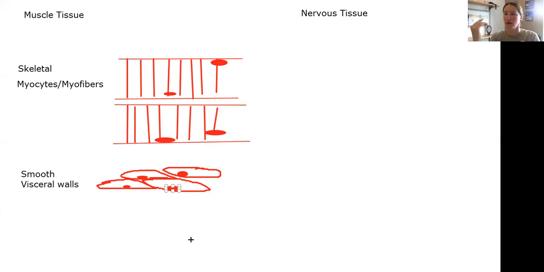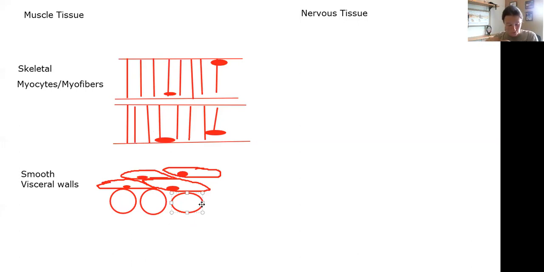Some of them will be going around the organ, so like around your intestine. Others will be going along the intestine. And so oftentimes what you'll see is, for example, here's a longitudinal layer that I've drawn for you, and then like right under that you will see sections through other smooth muscle cells. Okay, so usually there are going to be two layers.